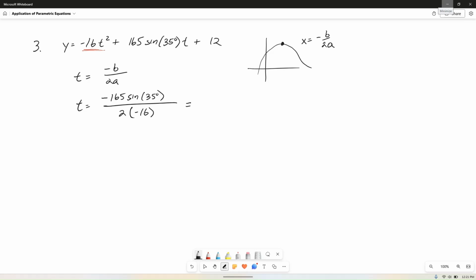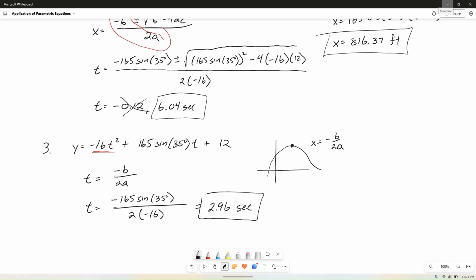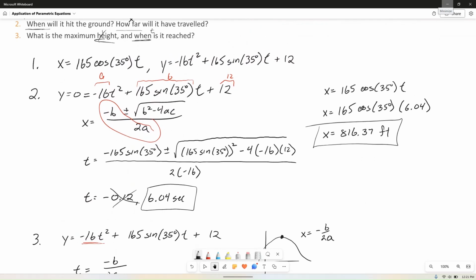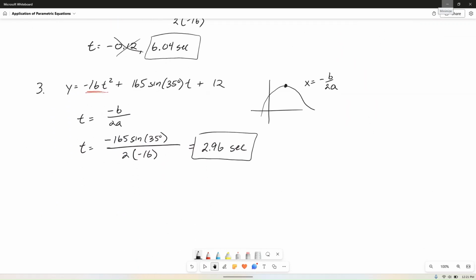And again, if we compute that with technology, we'll get roughly 2.96 seconds. So that actually answers the second part of our question. Remember, our question was, what is the maximum height and when is it reached? We just found the when. It will happen after 2.96 seconds.